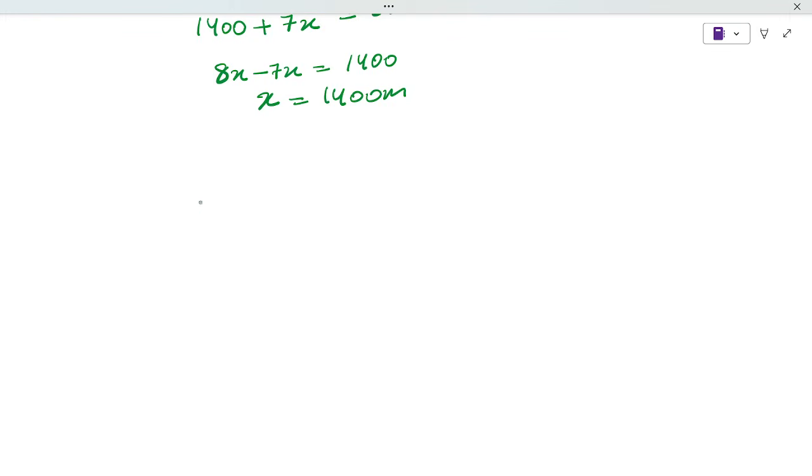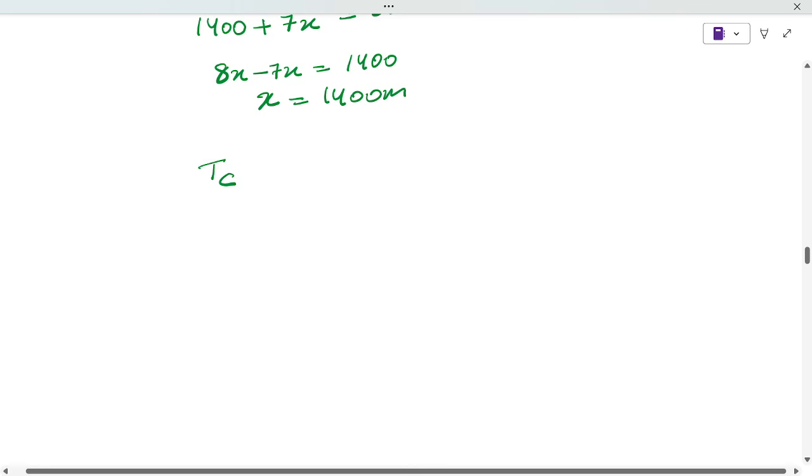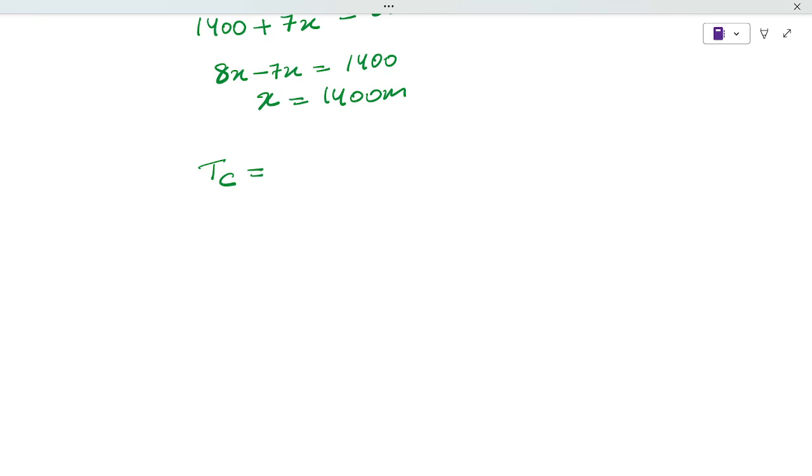So time for the constable, because they are equal, no, equal means same time. So time of constable, the distance was 200 meter plus x. Now we got the value of x, which is 1400, divided by 8 kilometer per hour, which we need to convert to meter per second, giving 5 by 18.